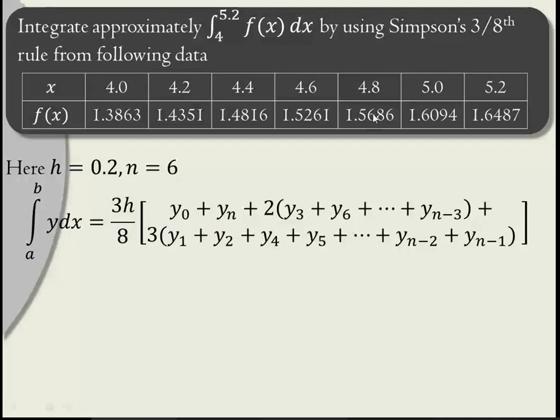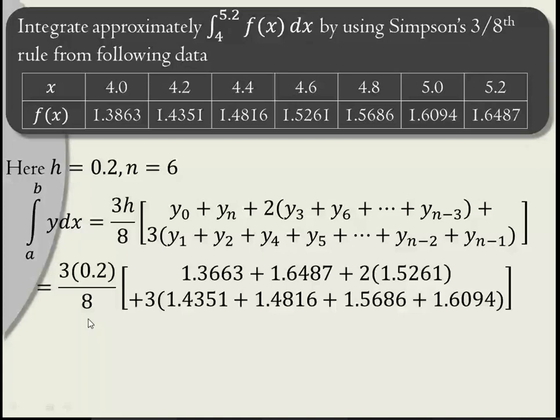Okay, so it will be 3 into h, that is 0.2, divided by 8, times the addition of the first and last value of y, plus 2 times the multiple of 3 suffix of y, y3. Next is y6, but y6 is already considered as the last term, so no need to take it again here.